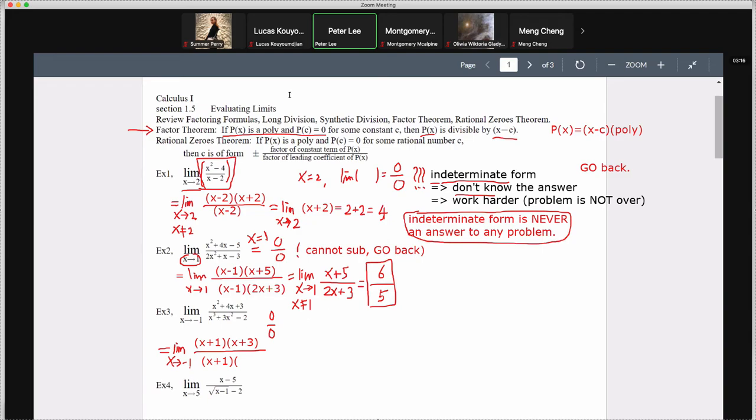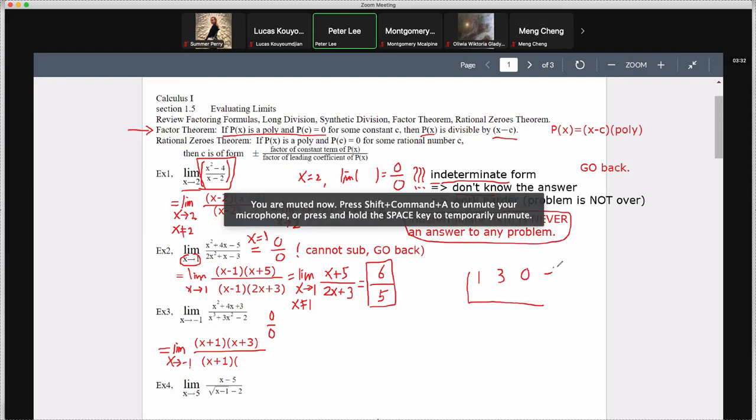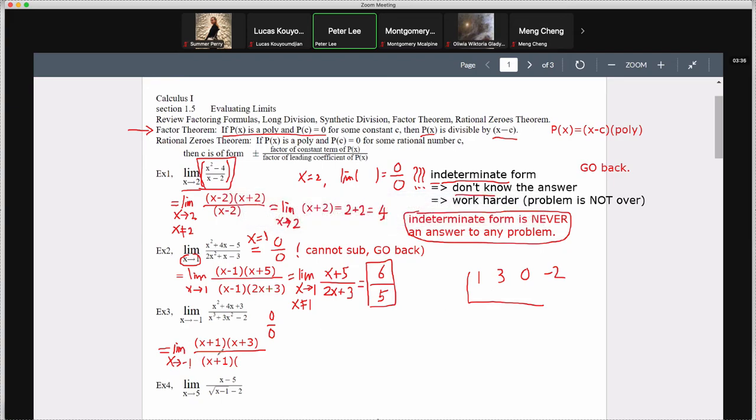So why don't we just apply synthetic division? Synthetic division is popping up right here. Chapter 1, synthetic division is popping up. 1, 3, and then note that 0, minus 2. Don't forget to put the 0 there. And then for x plus 1, we have to put -1.